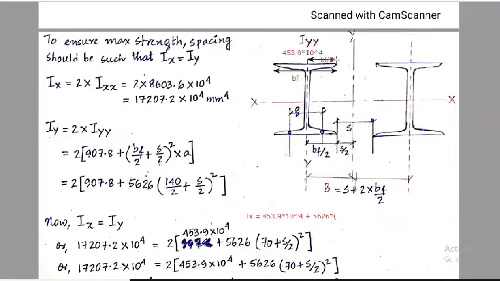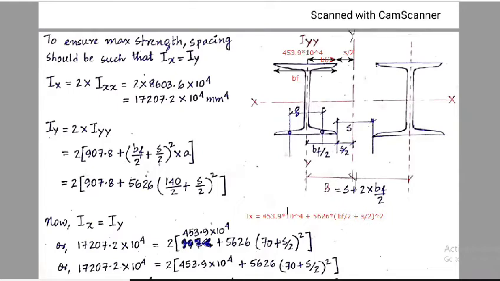From here till here, it is going to be S by 2. As simple as that. So the distance between this axis and this axis is BF by 2 plus S by 2, and this is only the r in your parallel axis theorem. This is equal to BF by 2 plus S by 2 whole square.